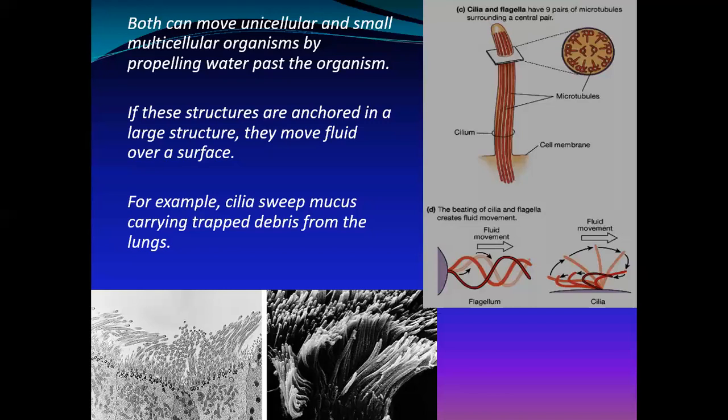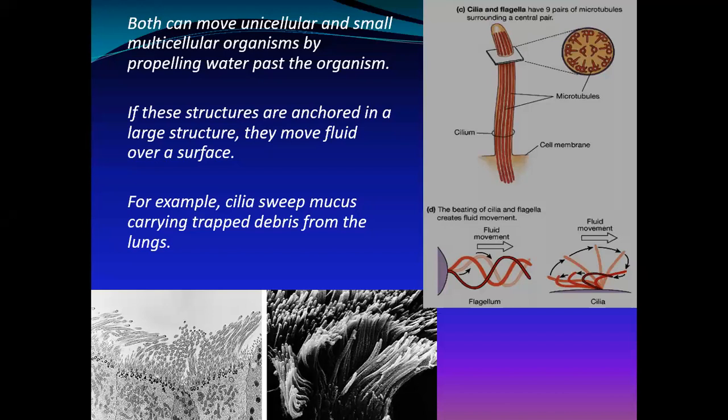When you look at the cilia, the microtubules are arranged like this. When the flagellum, made out of microtubule, works, the fluid movement will take place in this direction. This is a wave-like movement, that flagellum.